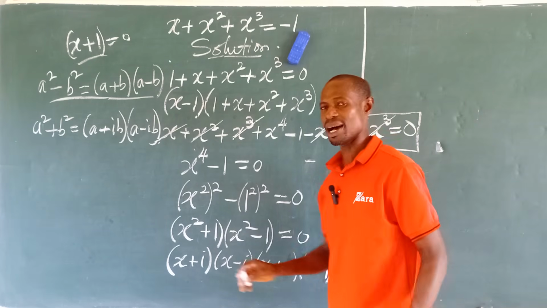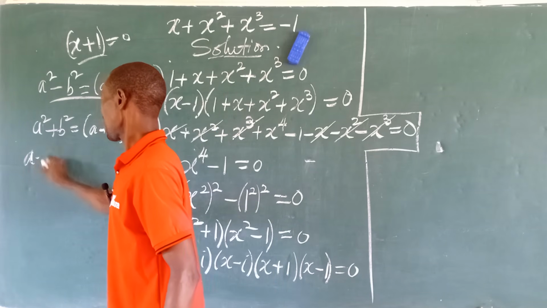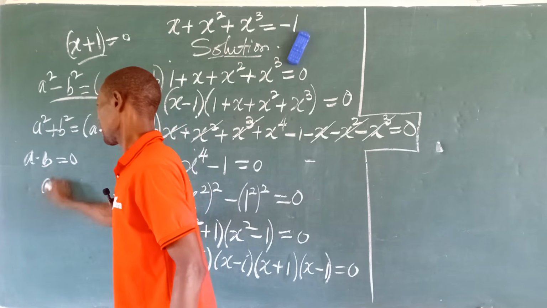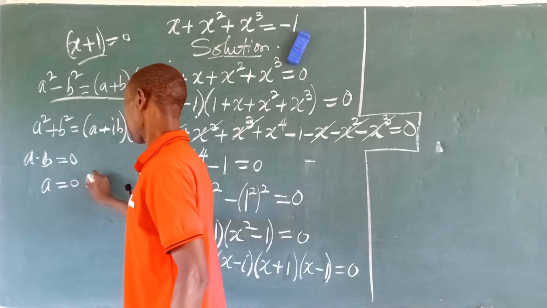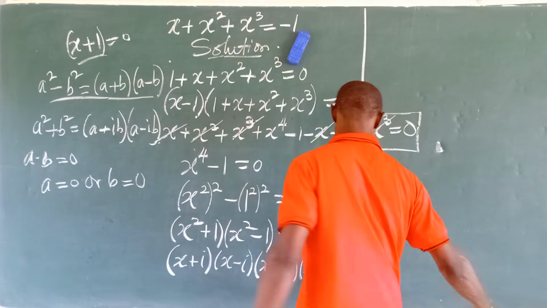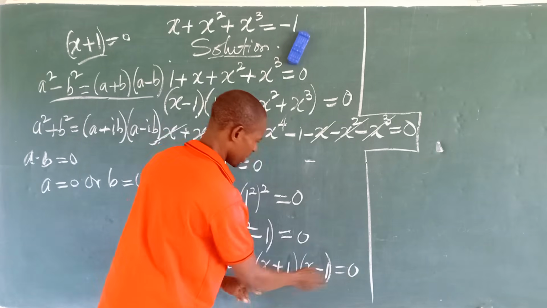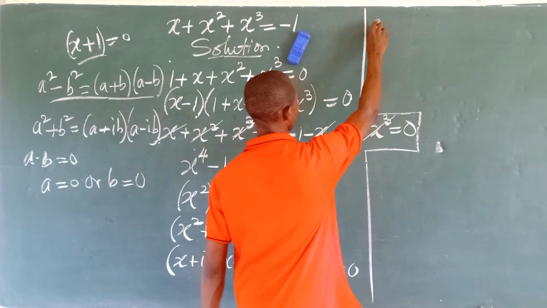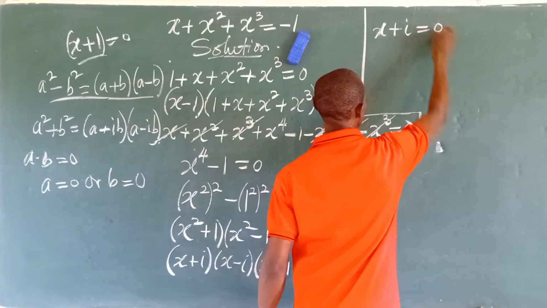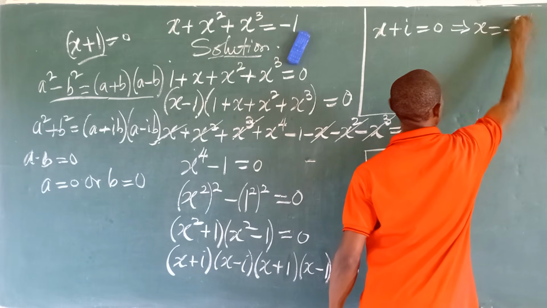So we apply our zero product again, which says that if you have a times b equals 0, it means that a is equal to 0, or b equal to 0. So if we do that, we equate each factor to 0. The first one, we have x plus iota equal to 0. This implies that x is equal to minus iota.